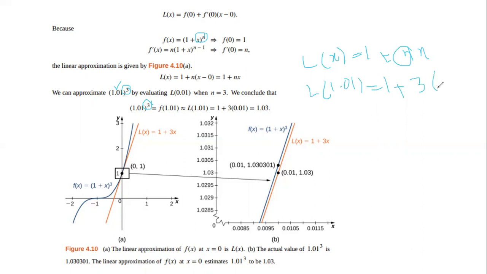So I have to approximate 1.01 whole cube, so n equals 3, with the value of x. So what is the value of x?